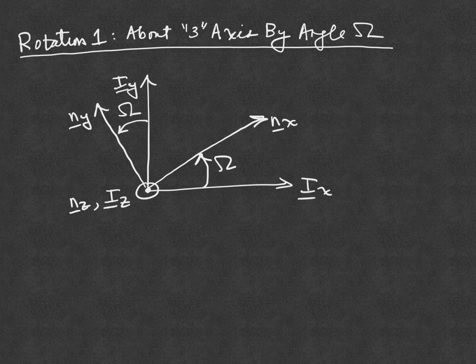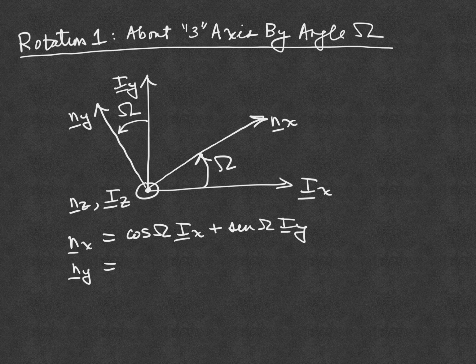So from this diagram, we actually see that n sub x has to equal cosine omega times ix plus the sine of omega times iy. We see that ny has to equal minus the sine of omega times ix plus the cosine of omega times iy, and nz equals iz.